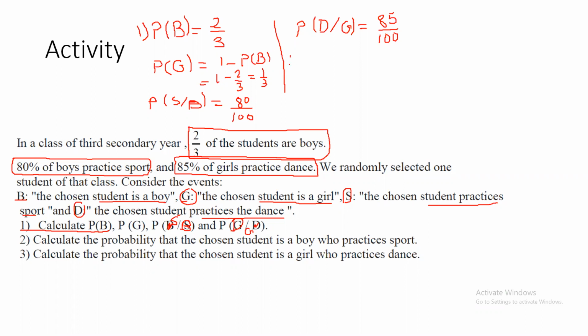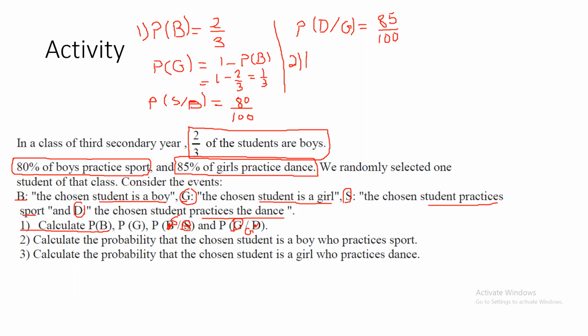Part 2. Calculate the probability that the chosen student is a boy who practices sport. What are we going to determine?